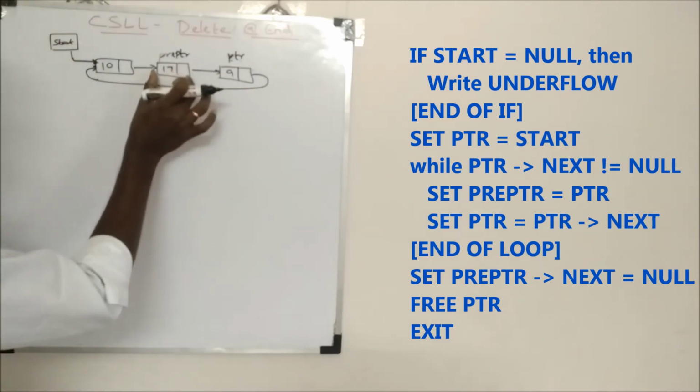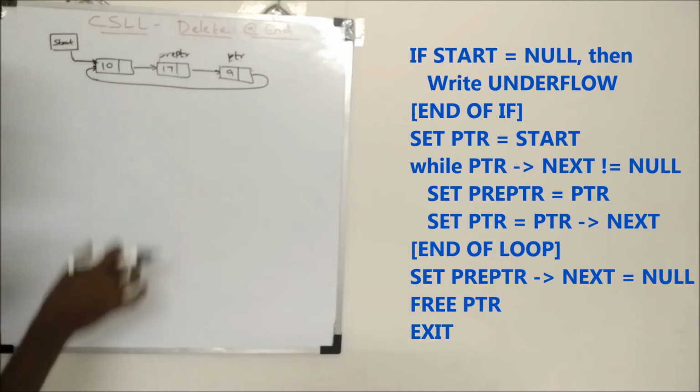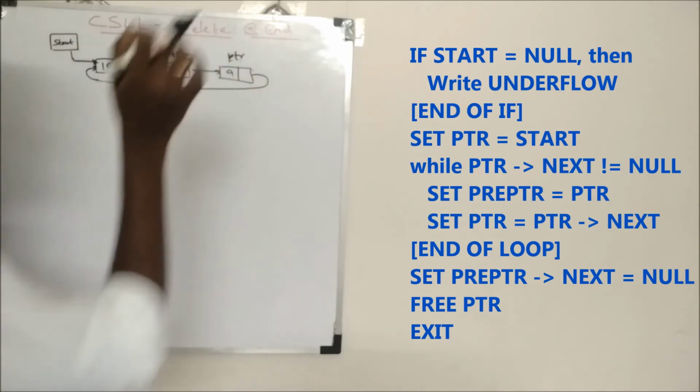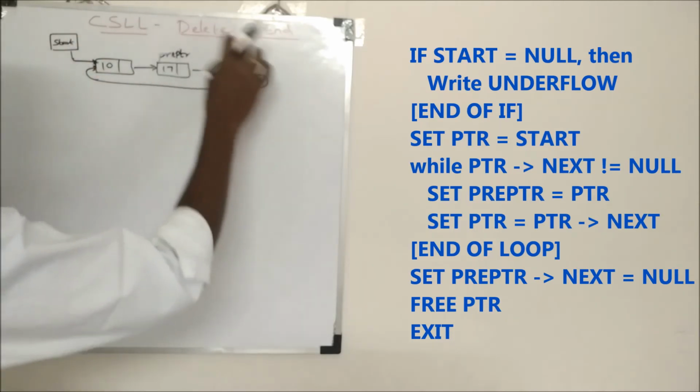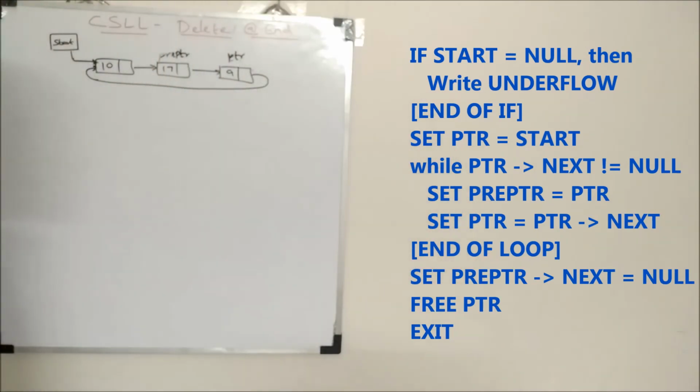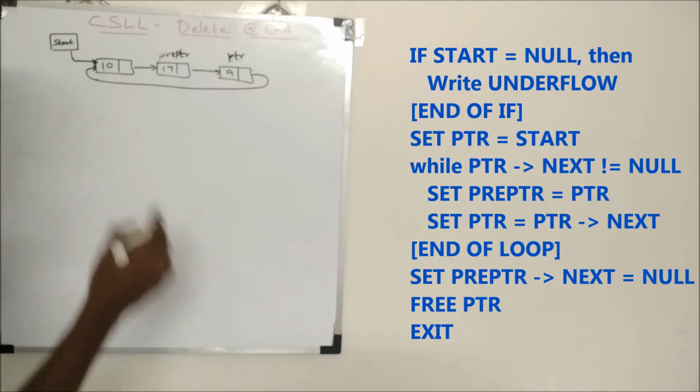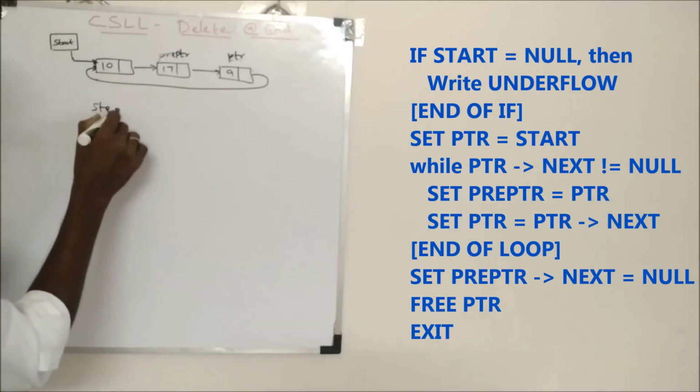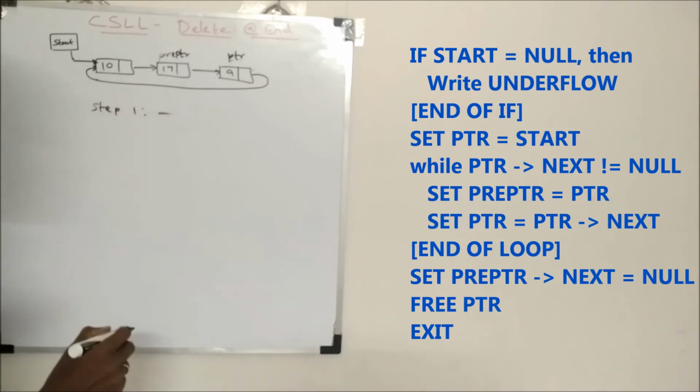We have to find out this name. For this we fix the name pre-pointer and the name PTR. Up to this process, singly linked list as well as circularly singly linked list are both the same. So step 1 no change, step 2 once again no change.